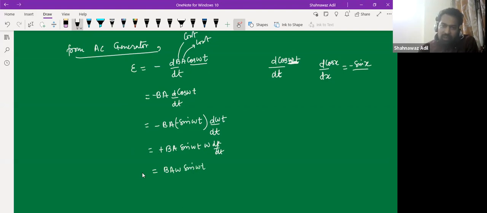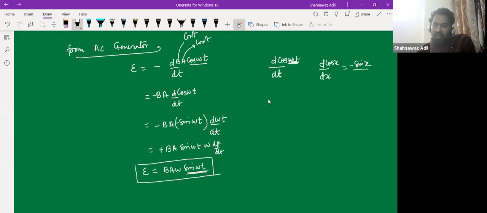So that is the whole idea of this EMF generated by the AC generator, right? So we will get a varying function of EMF.